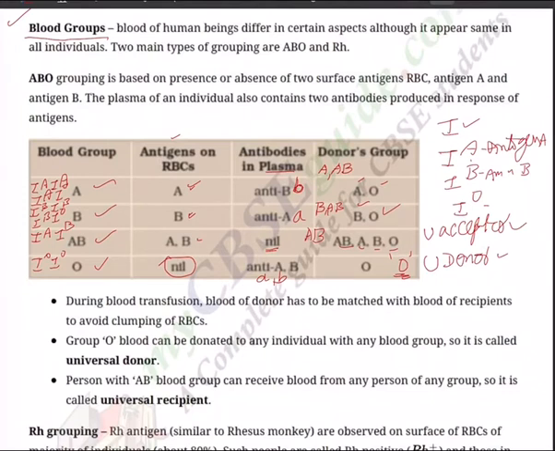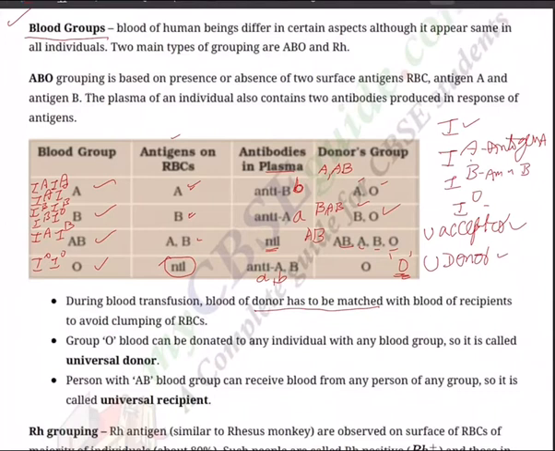Hence, one must know his or her blood group. If you do not know as of today, I advise you all to get a blood test done and know your group. During blood transfusion, the blood donor has to be matched. Look at that.